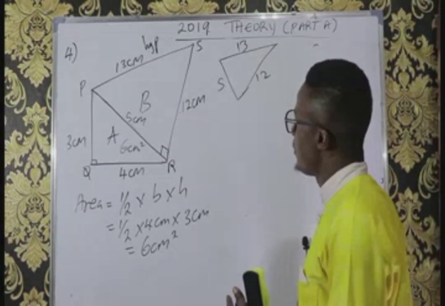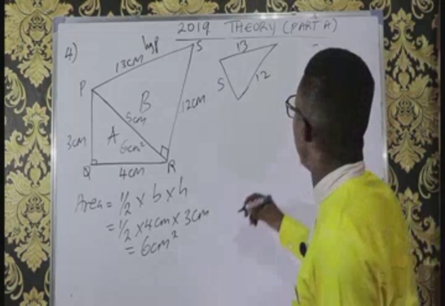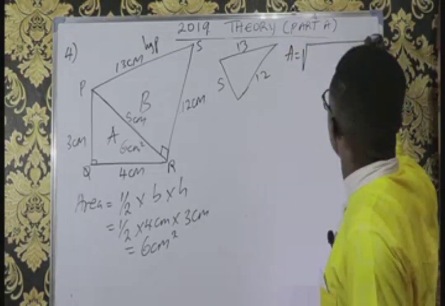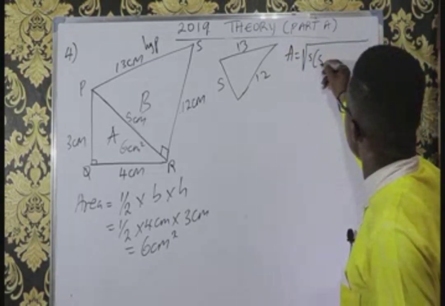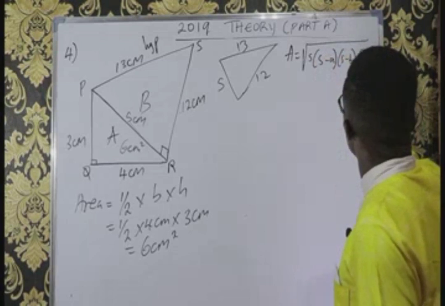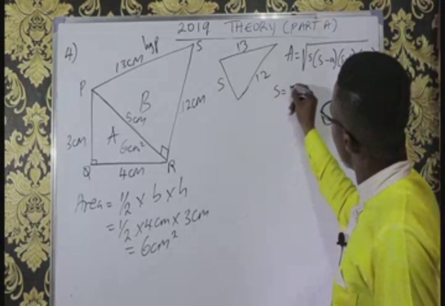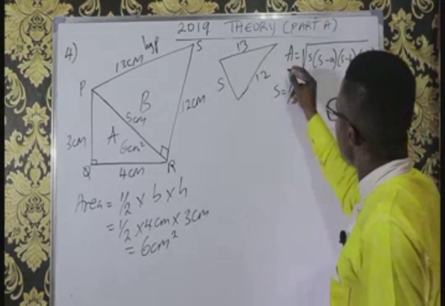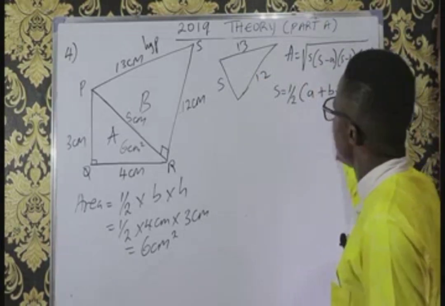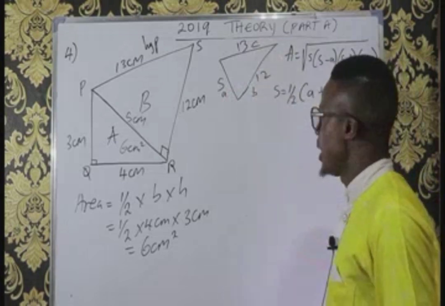So in this type of triangle, if you experience it, it is best to use Hero's formula. Hero's formula is telling us that area is equal to the square root of s into s minus a into s minus b into s minus c. And what is s? S is equal to half of the sum of the sides, a plus b plus c. So I can call here a, call here b, and call here c as you like.